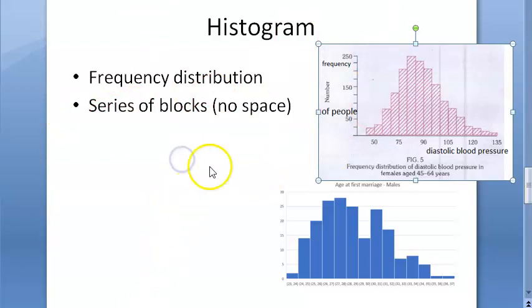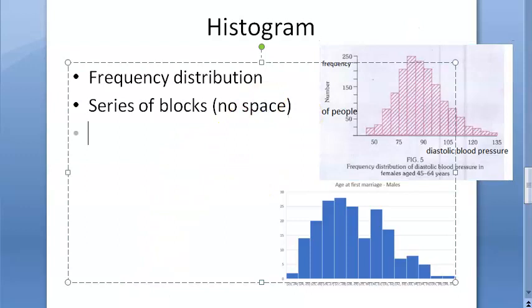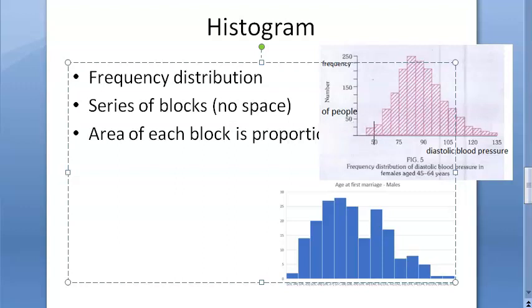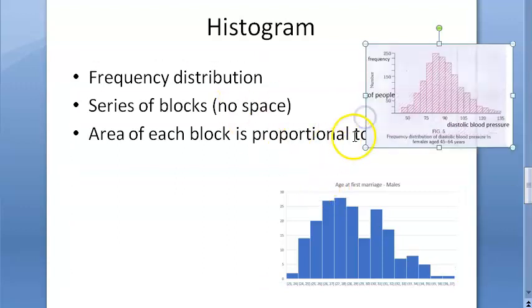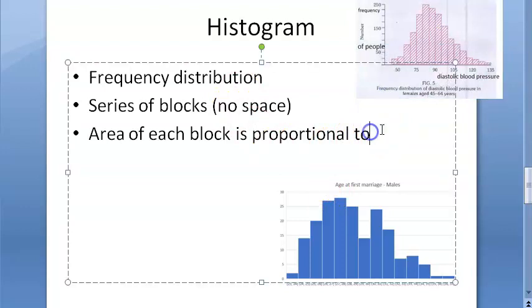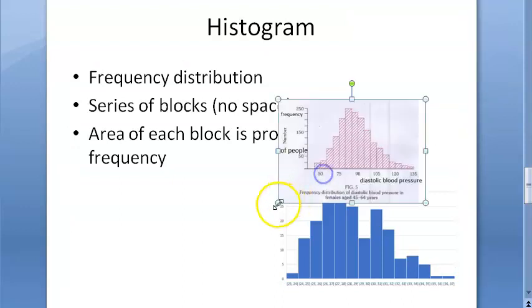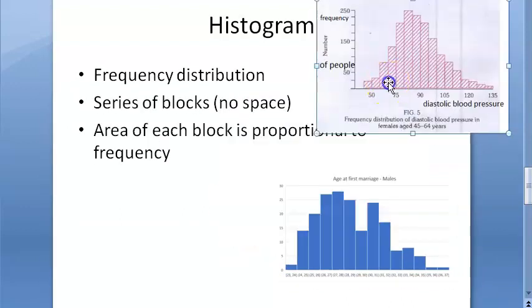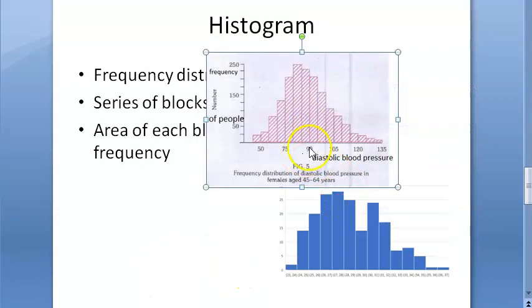In a bar chart, you remember we were talking about the length, but here it is the area. Area of each block. So they are not calling it a bar; here they are calling it a block. Area of each block is proportional to the frequency. Actually, if all of them have the same base width, then who is deciding the frequency?